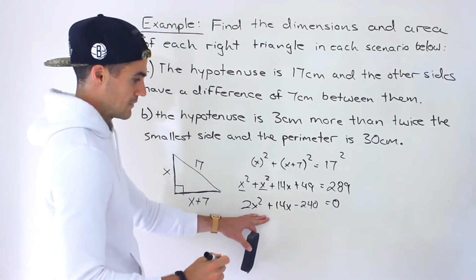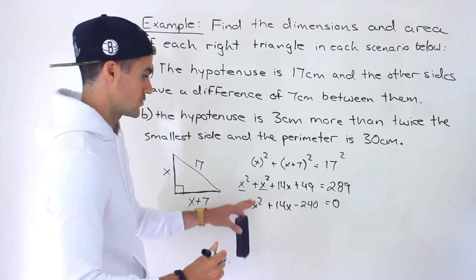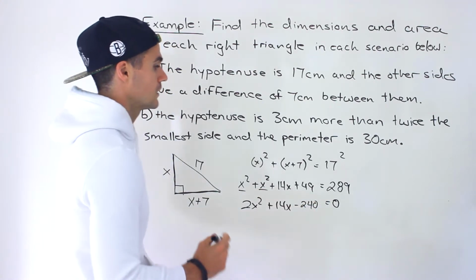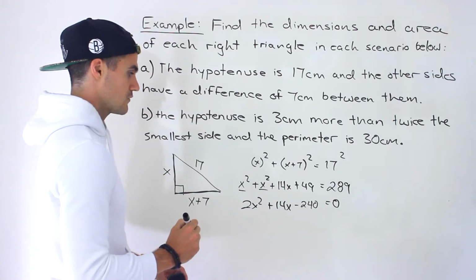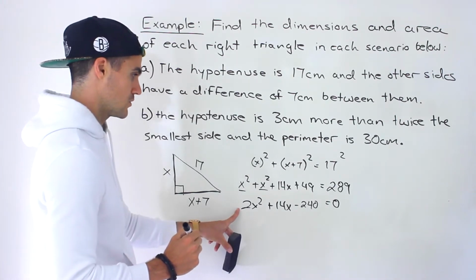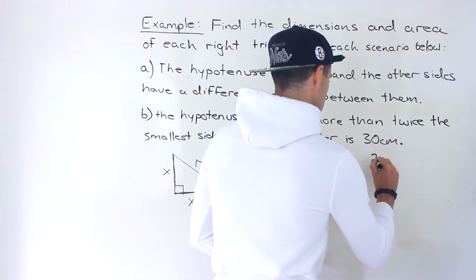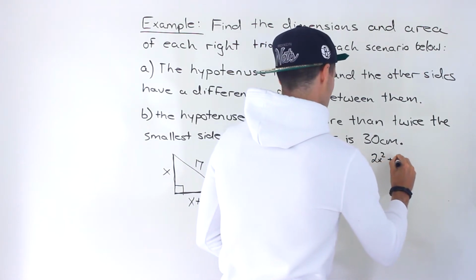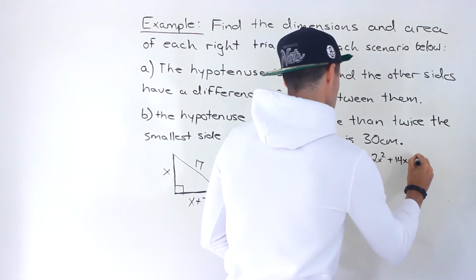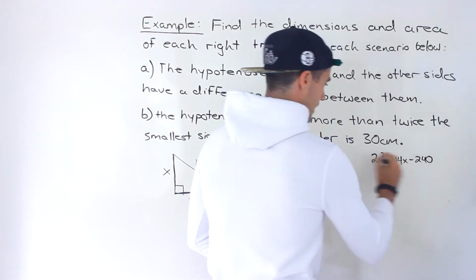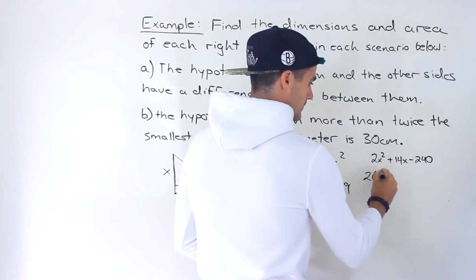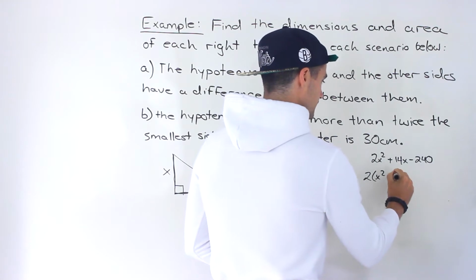And so notice now we have a quadratic equation. We have a quadratic equaling 0, and we could solve this with factoring. First off, let me actually do this on the side. If I take this quadratic and put it over here, I could take out a 2 from everything. That's number 1.